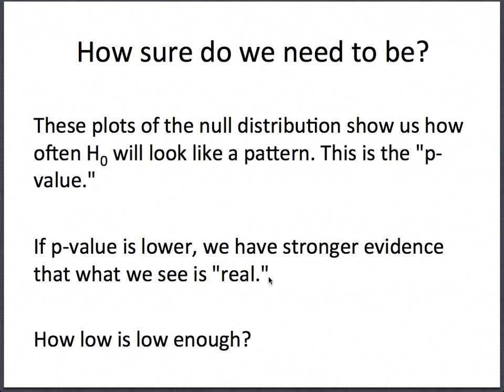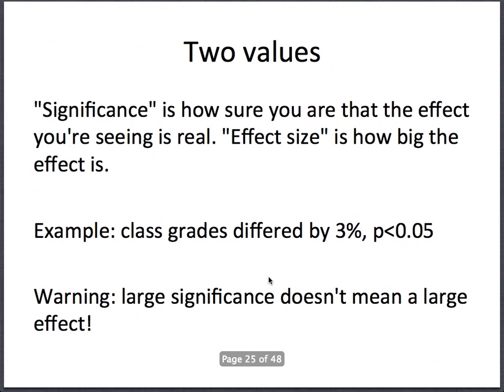Now, just like our loaded die example, if we have a lot of data, we can detect very small loadings on the die. So there are two different concepts here. This p-value thing, the likelihood it happened by chance, is called significance. You're going to see things in science papers like "significant to p smaller than 0.05."